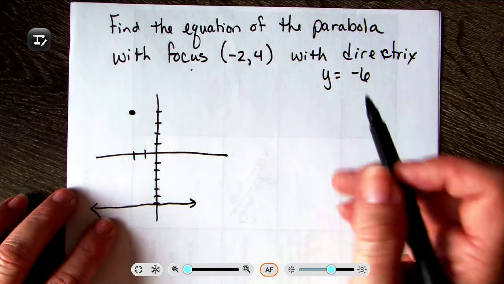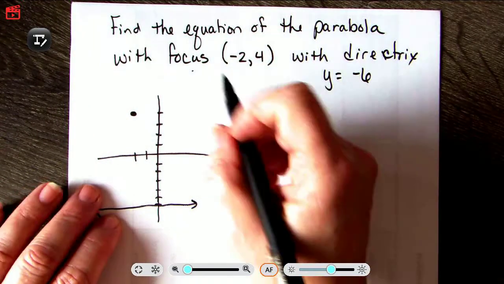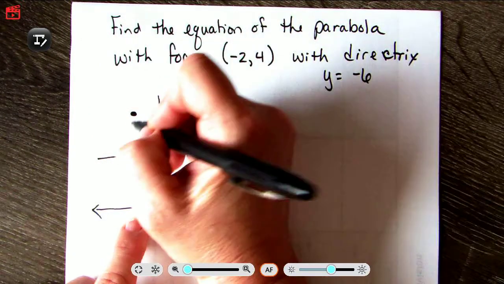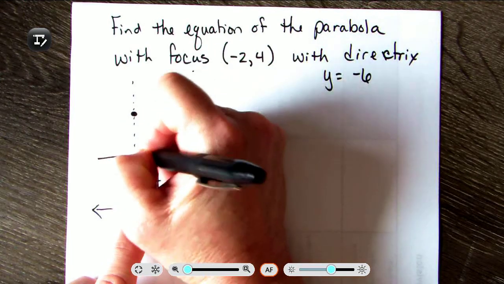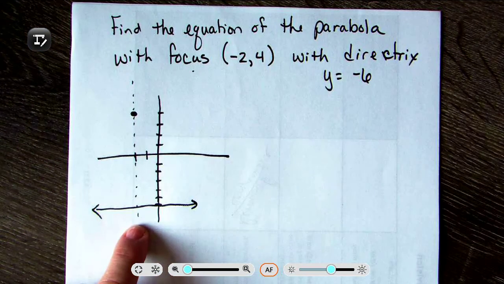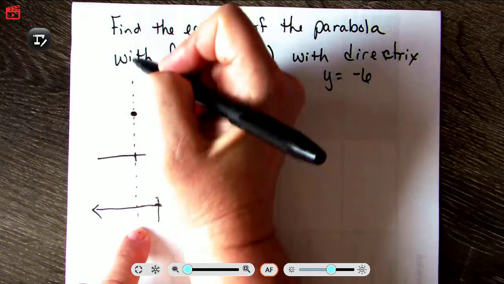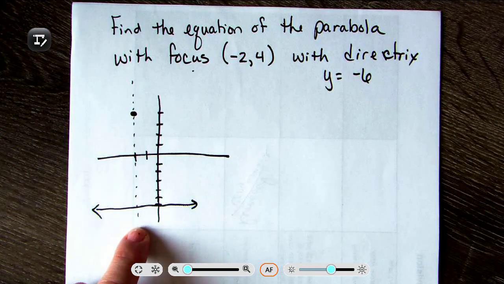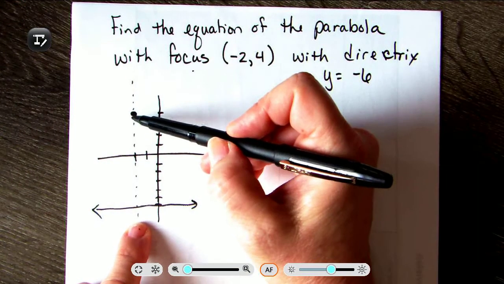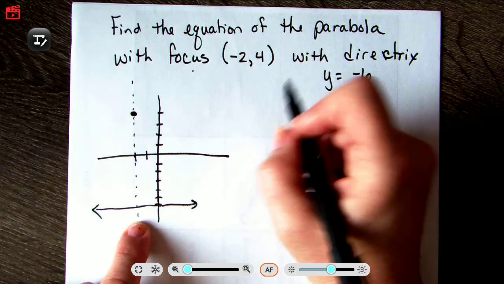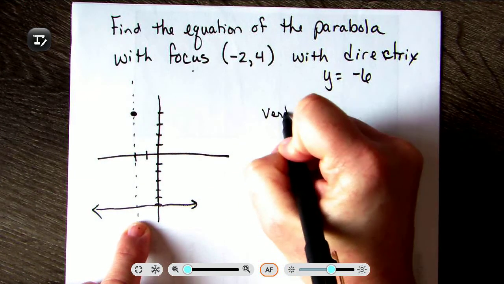So I know the vertex is going to be on the line that is perpendicular to the directrix, which is the line of symmetry. It's going to be equal distance between the two, so the vertex is halfway between.